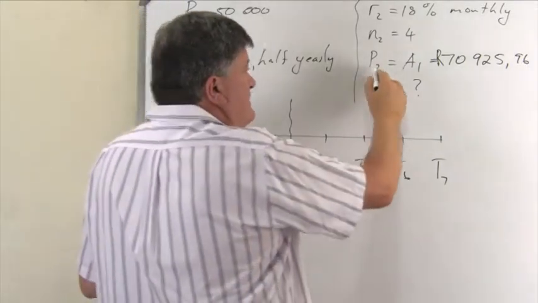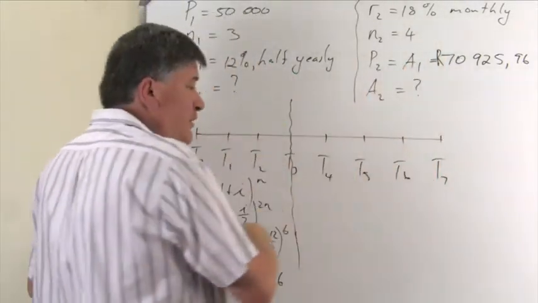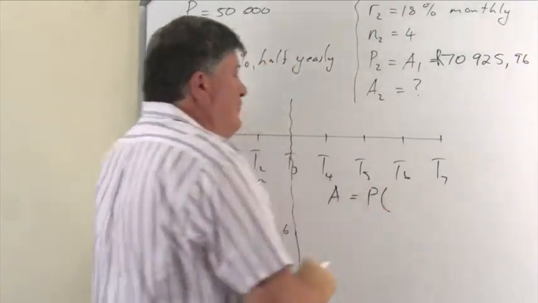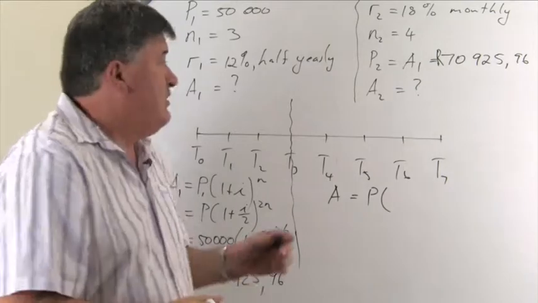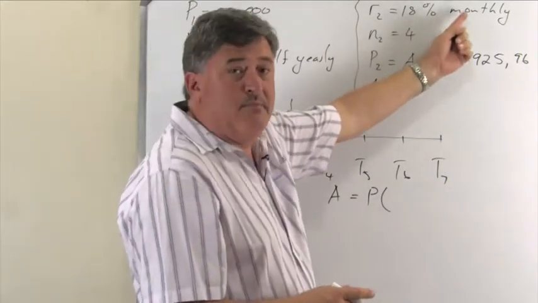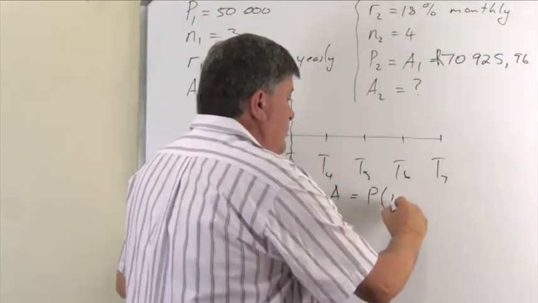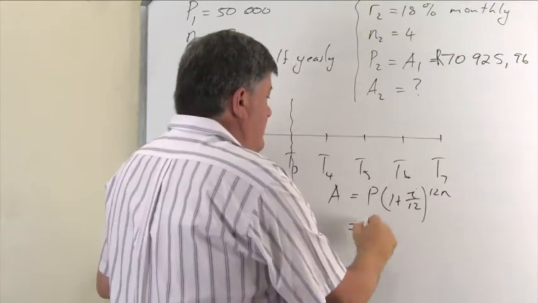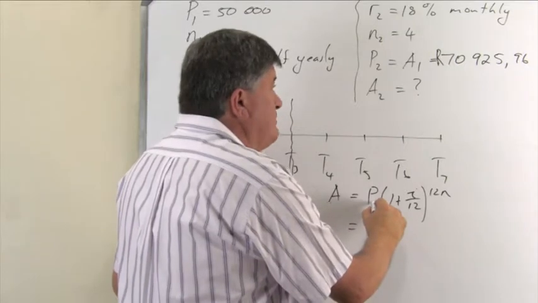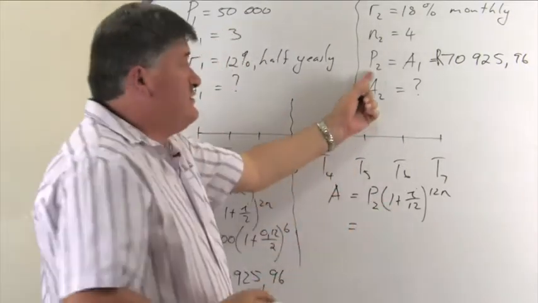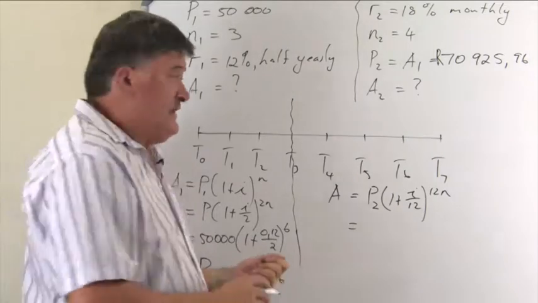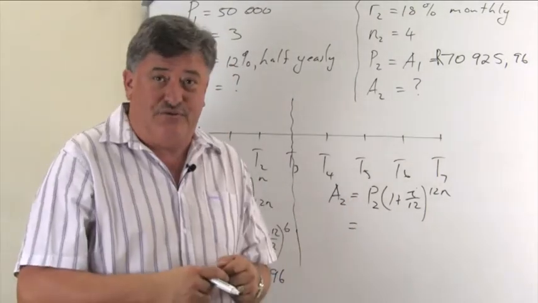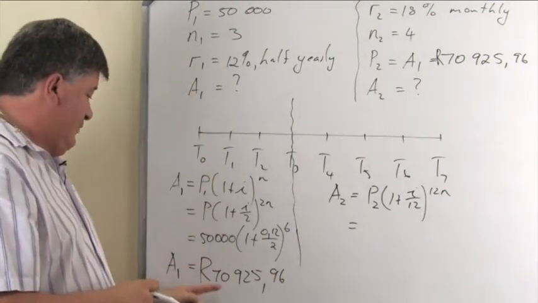We're going to invest now this amount coming from the first part. So I'm going to say A is equal to P. My formula, I'm going to adjust it immediately now because it's a monthly calculation. So it's 1 plus i over 12, to the power 12n. This P now is my P2. So this is now my second investment, and we are busy calculating our A2 because we've got an A1 here that we found.